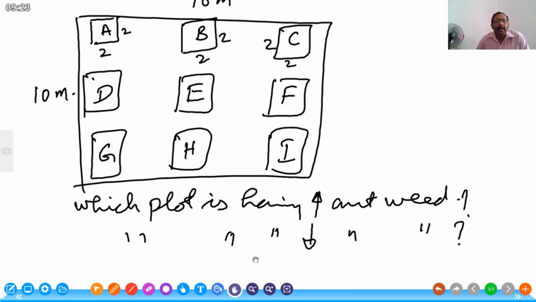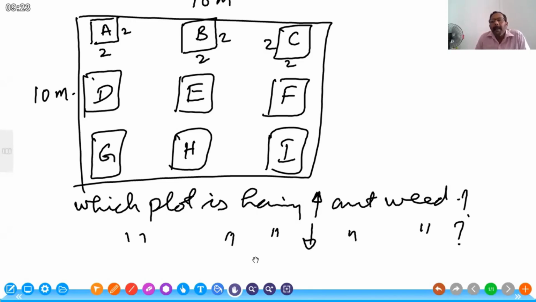Tell me, in a field, is there near the bund side area, A, D? Yeah, near the bund side. What is the reason near the bund side?